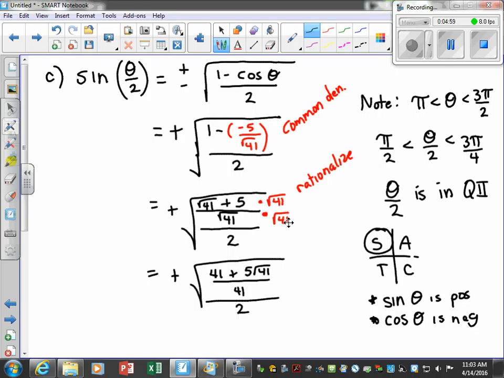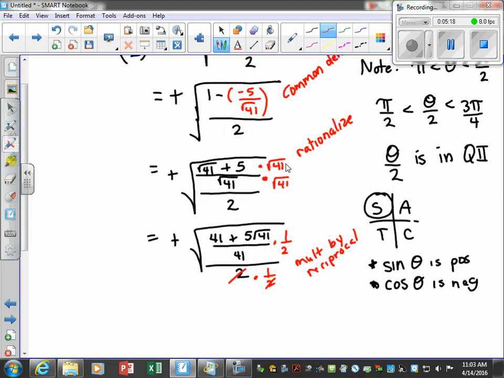Now we'll go ahead and multiply by the reciprocal here, times 1 over 2. So I'm going to do the same thing here, and these cancel. The numerator is going to be the same because it's times 1 up there.